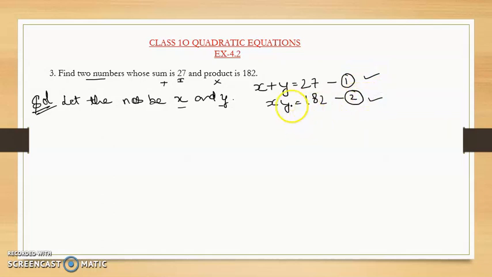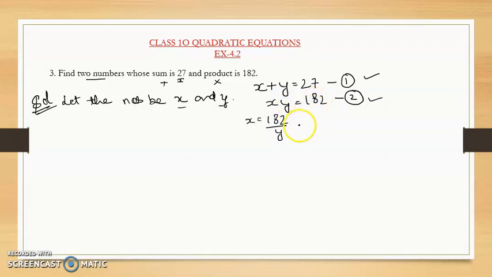Now if you see these two equations, you still cannot solve them. Either both the equations should be in x, or both the equations should be in y. So from equation number 2, I am writing x is equal to 182 upon y. This y is in multiplication; when it goes here, it will be in division.